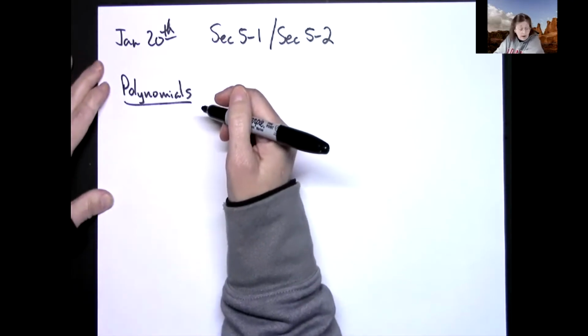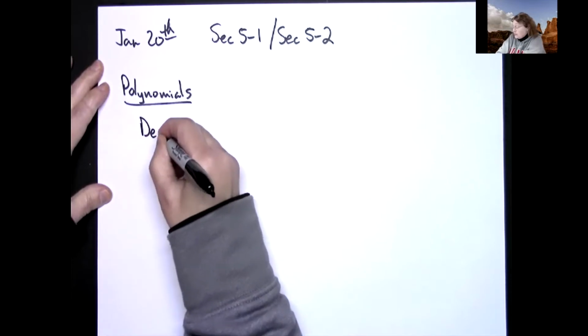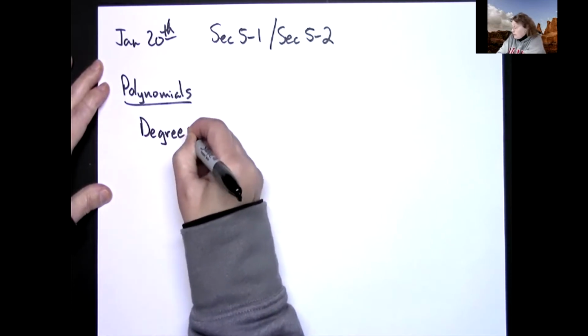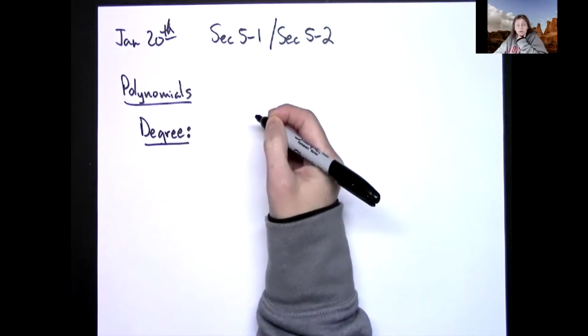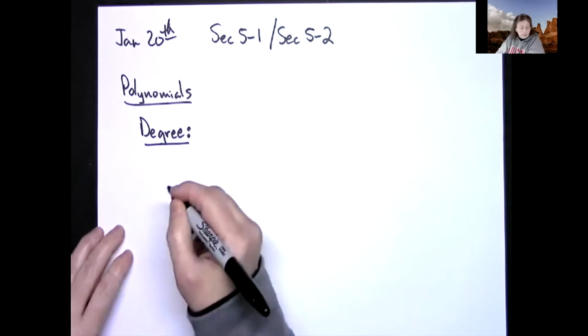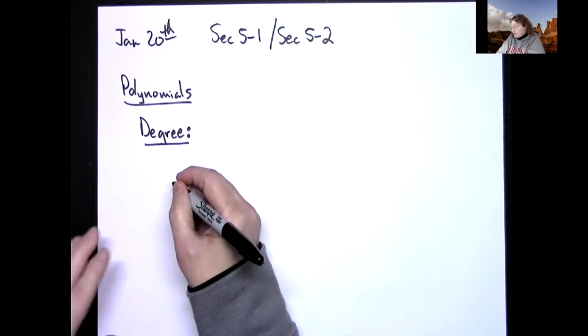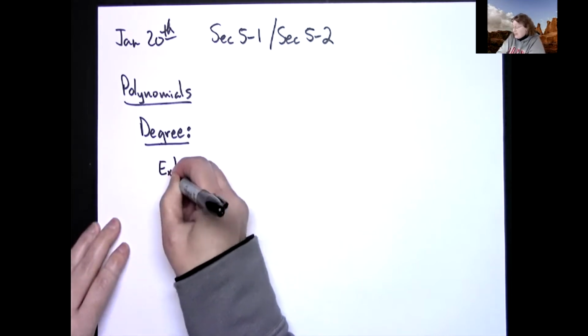Now I am going to talk a little bit about the degree, because you learn it and then everybody forgets it. But it becomes very, very important when we're trying to sketch these polynomials. So let's suppose we have, I'm going to do two different examples here. We'll do it in a single variable.